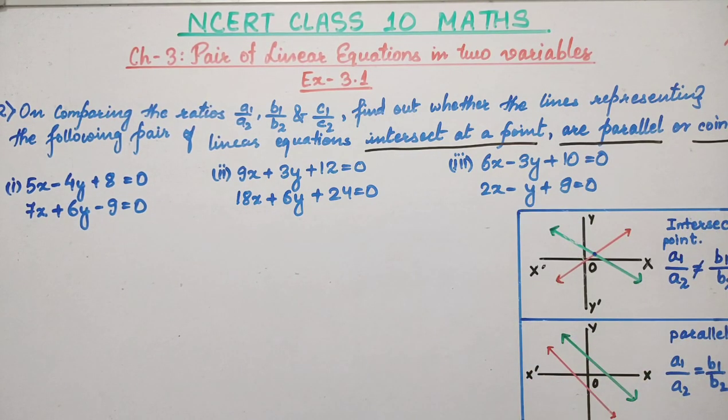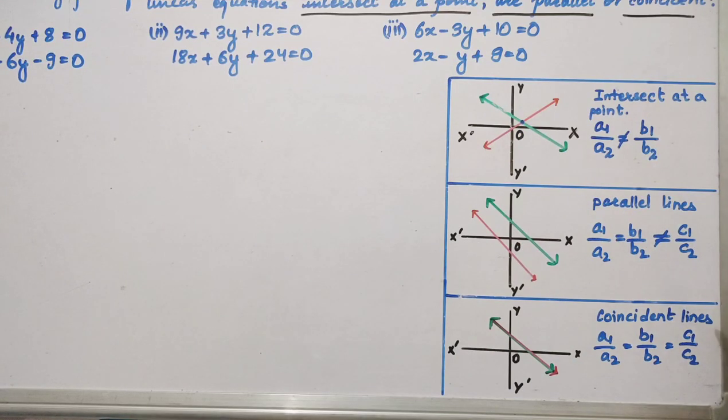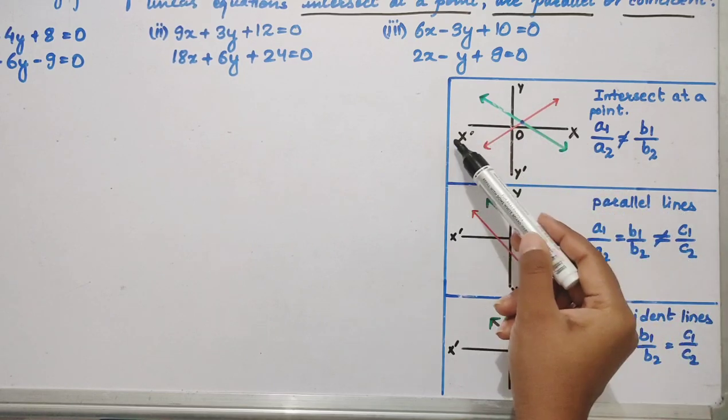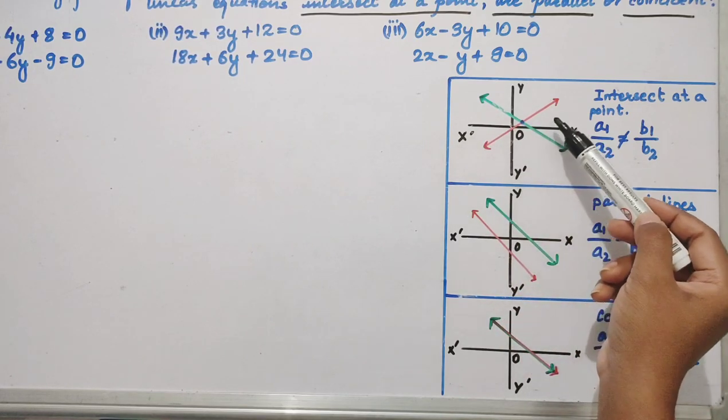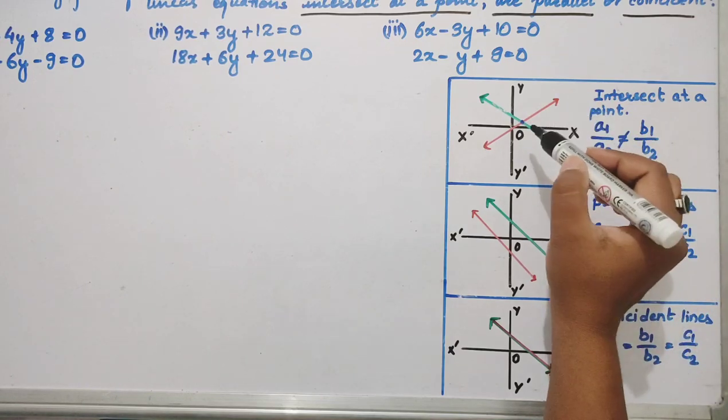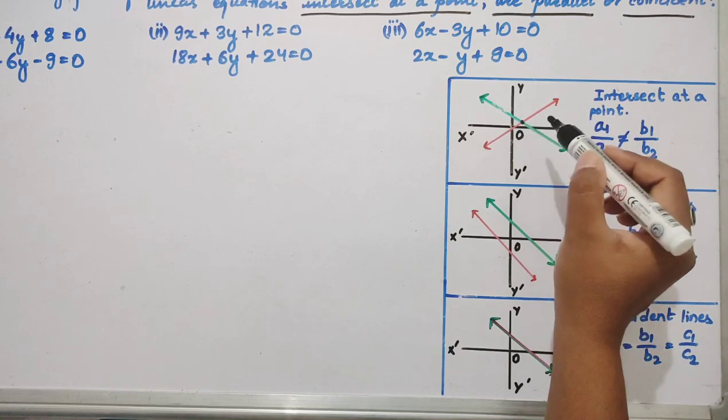Before moving forward, let us first understand linear equations that intersect at a point or parallel equations or coincident equations. For that, here we can see in the first graph, this is y-axis and x-axis, and we can see the two lines are intersecting at a point. This is a point where the lines intersect.